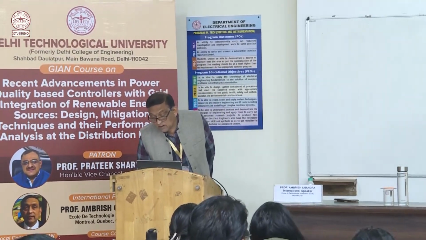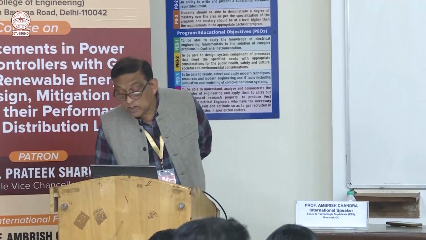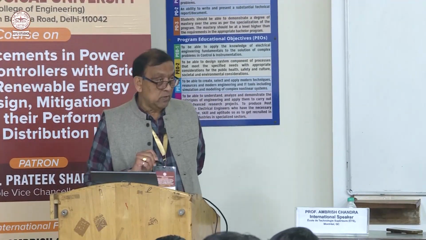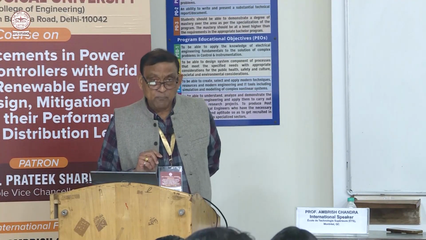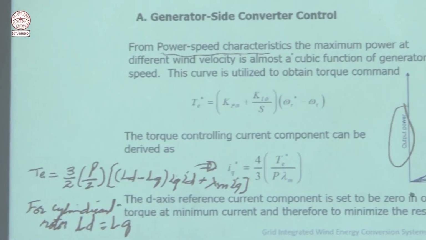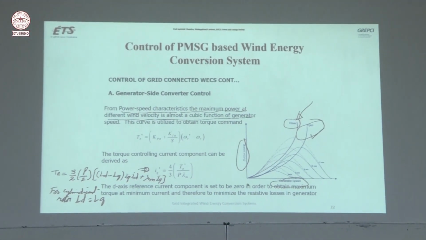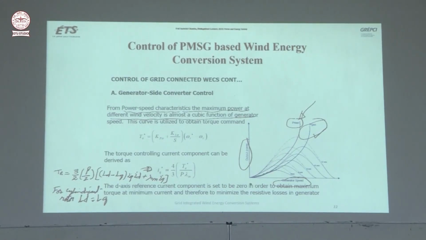So basically, for extracting maximum power, we use this blue curve, not the purple curve. From the power speed characteristic, the maximum power at different wind velocity is almost a cubic function.